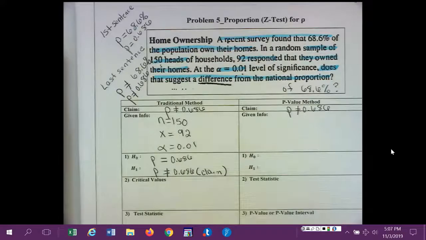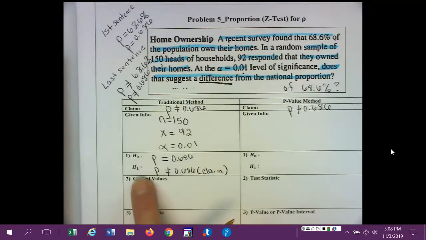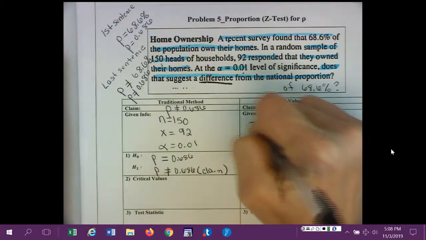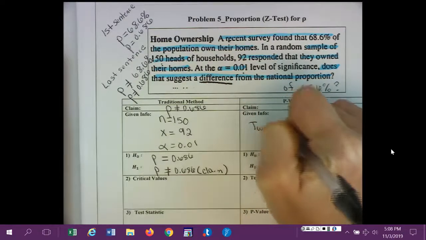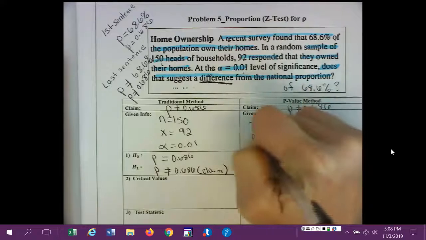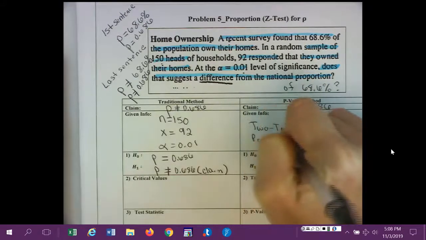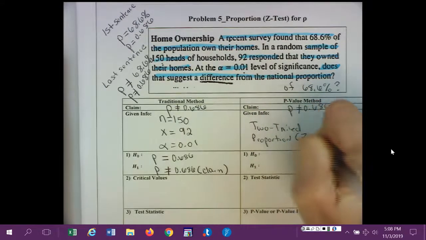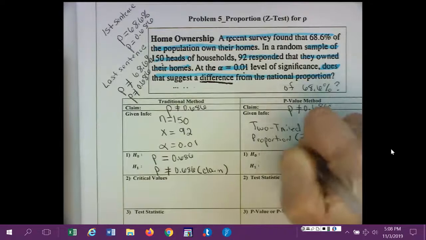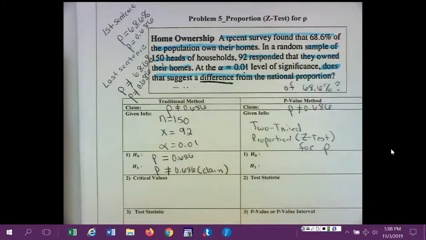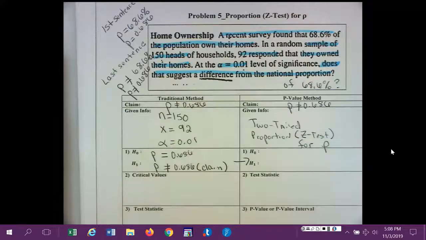So the first sentence is the null statement, and the alternative, the last sentence or the question to us, is the alternative statement, opposite each other. This is a two-tailed proportion z-test for rho or p. And I'll just draw an arrow here.